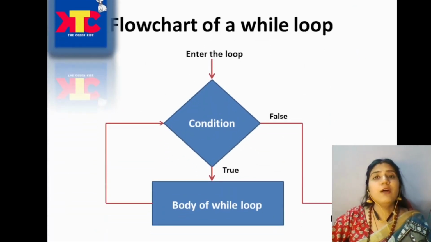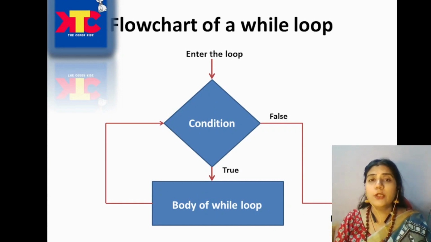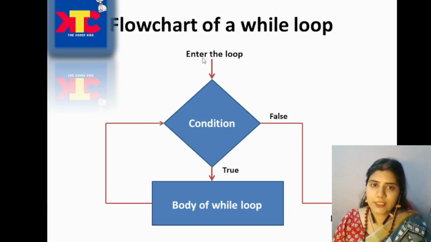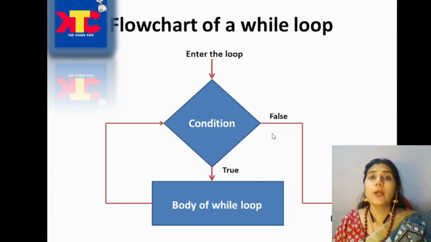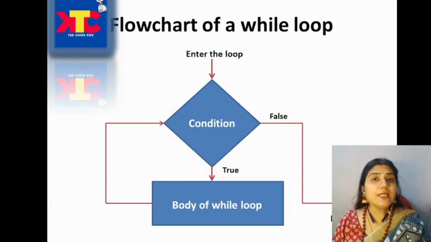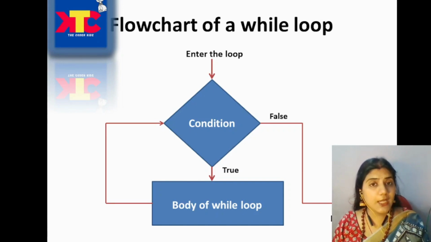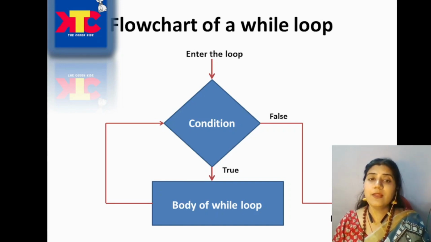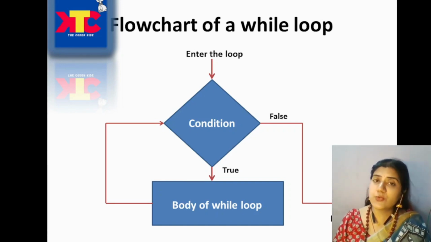Let's move on to the flow chart of a while loop, that means how the control flow happens inside a while loop. You enter the while loop in the first stage. When you enter, that is where the condition comes. The crux of your while loop depends completely on whether the condition turns out to be true or false.